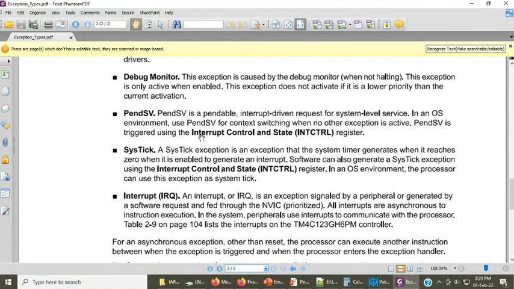Okay, so system timer related instructions, interrupt related. Here you can see Table 2.8, exception types. The first exception is where the stack top is loaded. Then you have reset, non-maskable interrupt, hard fault, memory management related issues, bus fault related issues, usage fault, reserved, then SVCall, debug monitor.